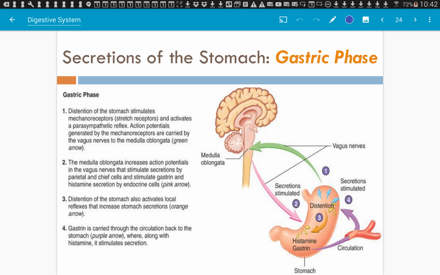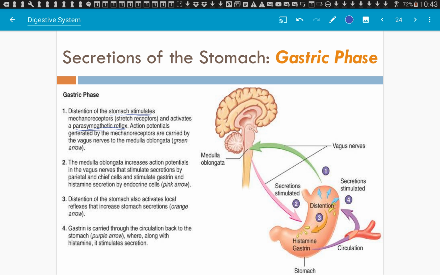So when you start eating and swallowing food, it starts filling up your stomach, and it causes it to stretch. When the stomach stretches, it's going to stimulate mechanoreceptors that physically bend as the stomach is stretching. And when that happens, it is going to activate the parasympathetic reflex, which, remember, parasympathetic is our rest and digest division of the autonomic nervous system.